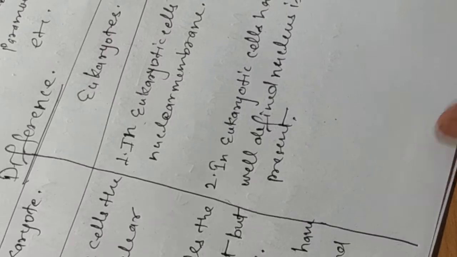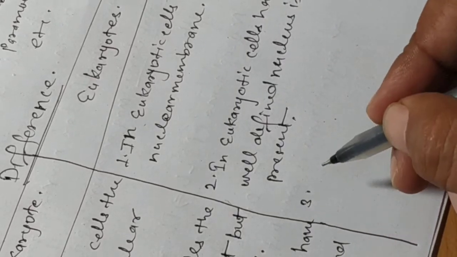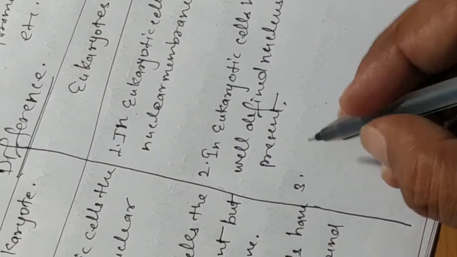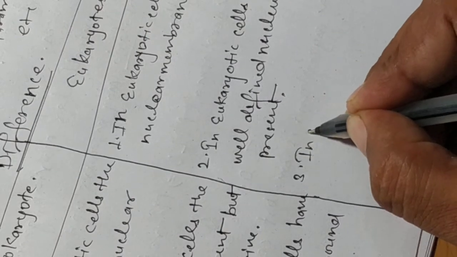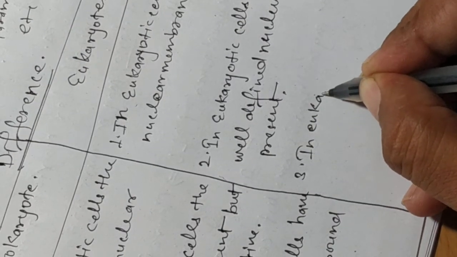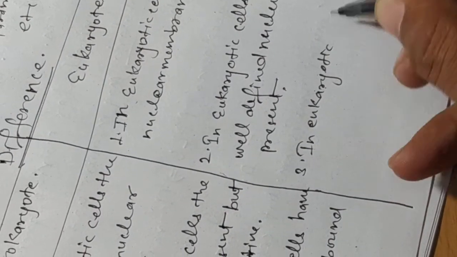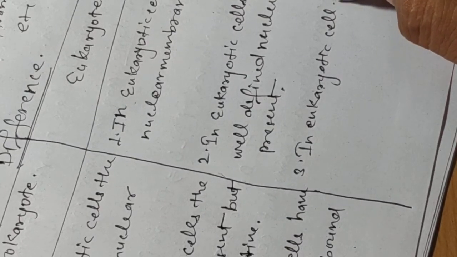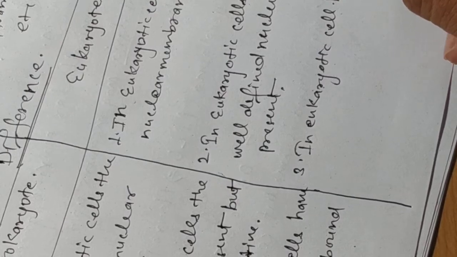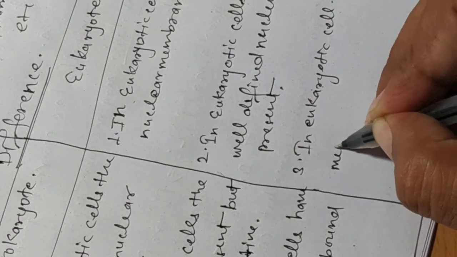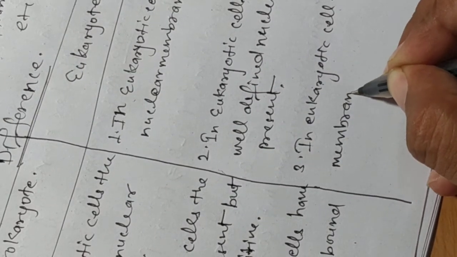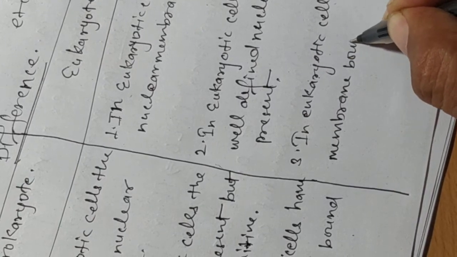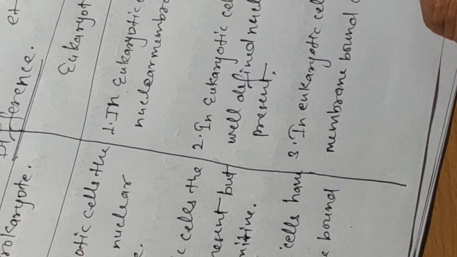On the other hand, eukaryotic cells have membrane bound organelles.